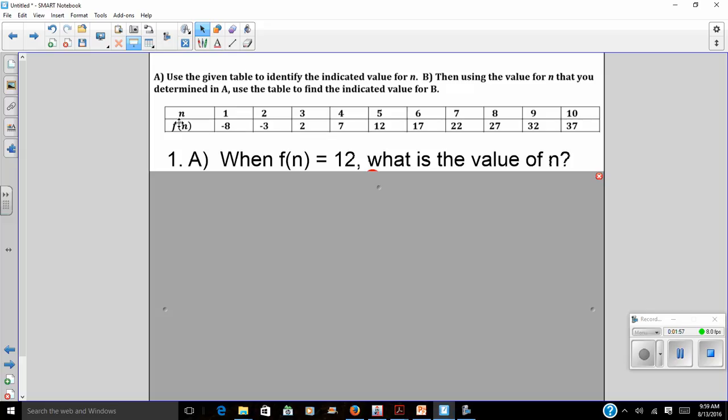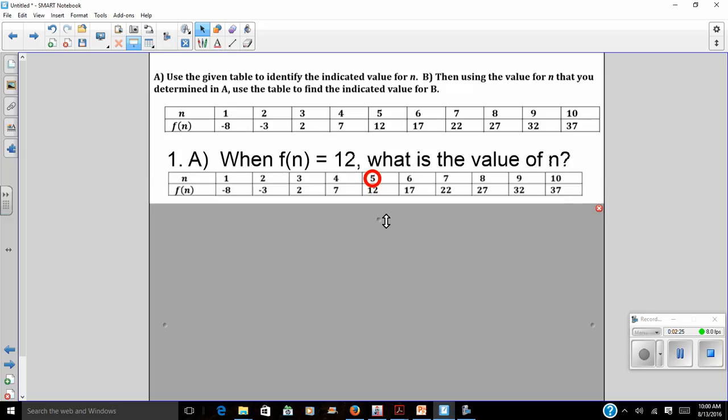I look at that f of n row, and I scoot on down my row until there's 12. If f of n is 12, the question is, what's the value of n? Well, I just go up into the n row, or the input row, and I see that the corresponding input for 12 as an output is 5.